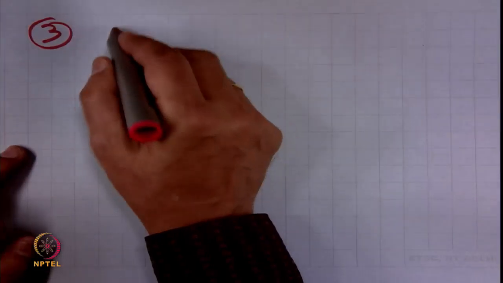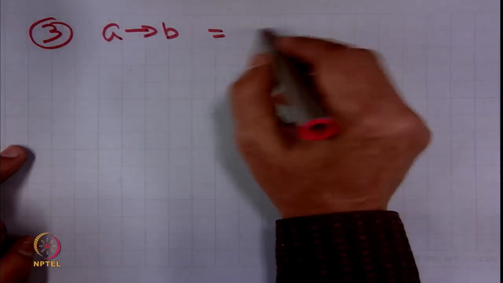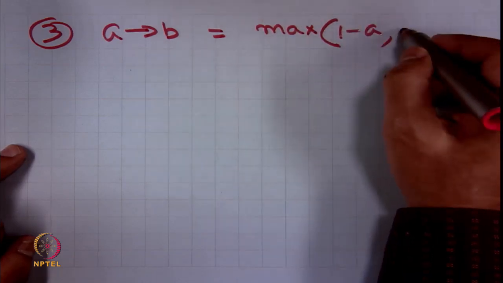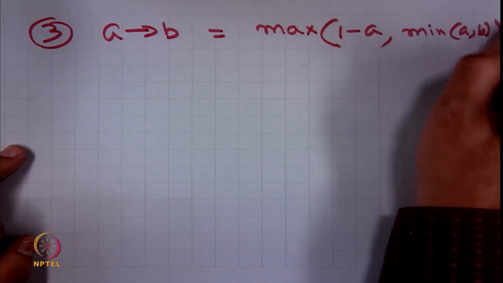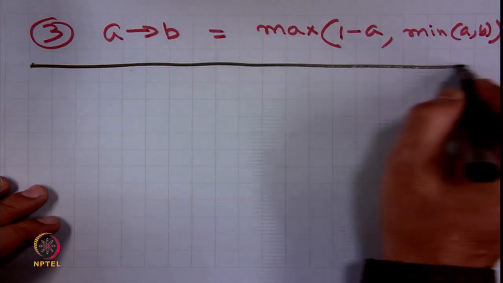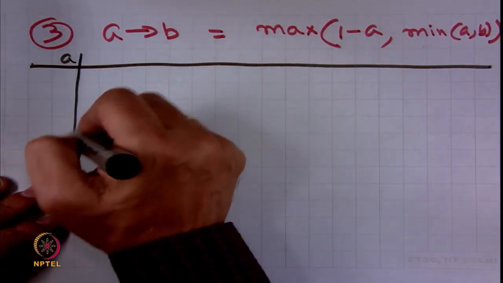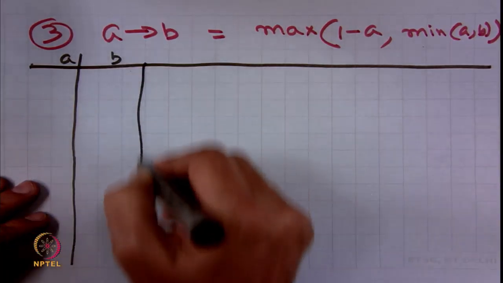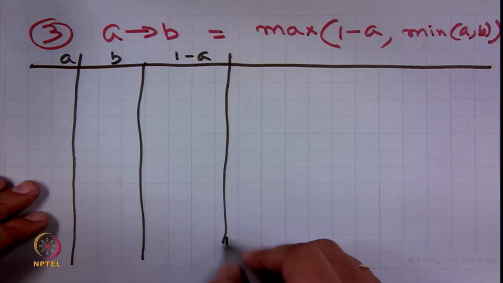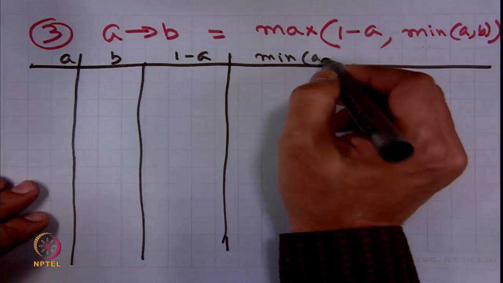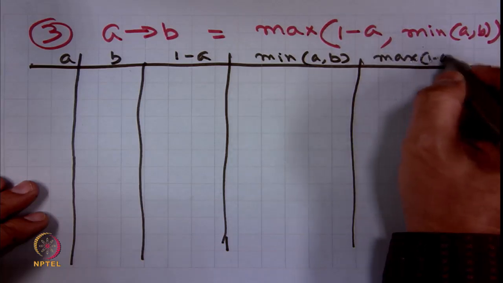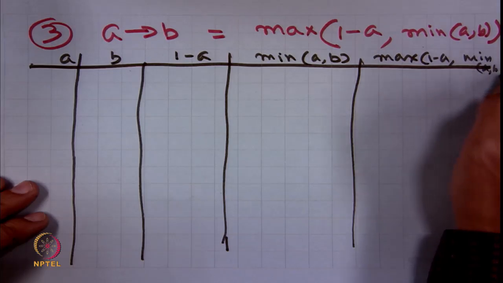The third function, A implies B is equal to maximum of 1 minus A comma minimum of A comma B, and if we draw a table: A, B, 1 minus A, minimum of A B, and maximum of 1 minus A comma this minimum of A B. So, what is going to happen?